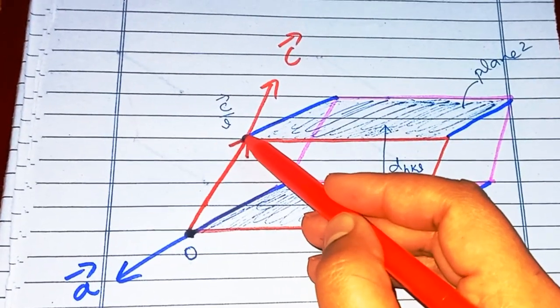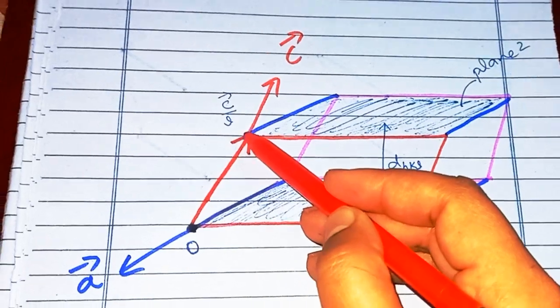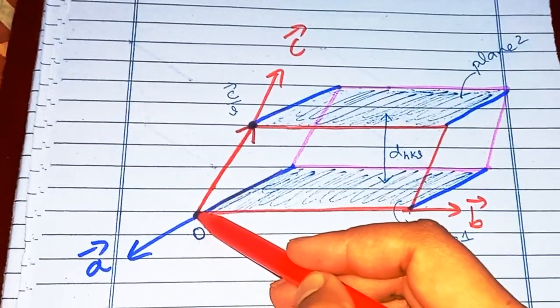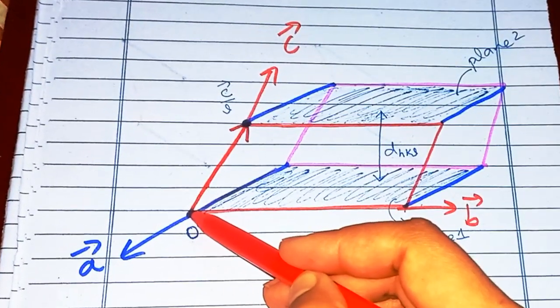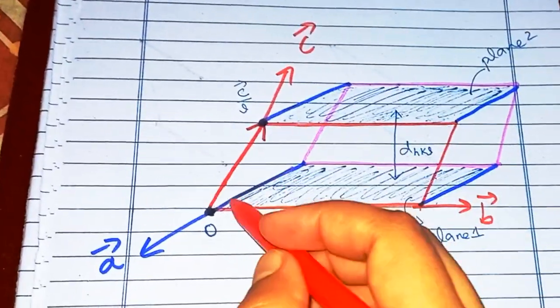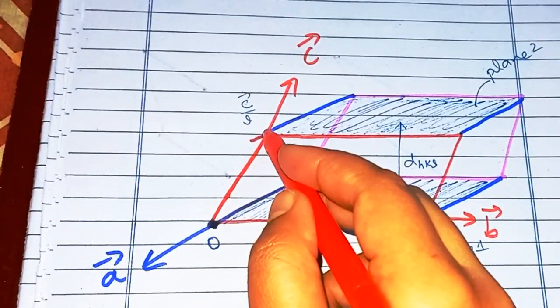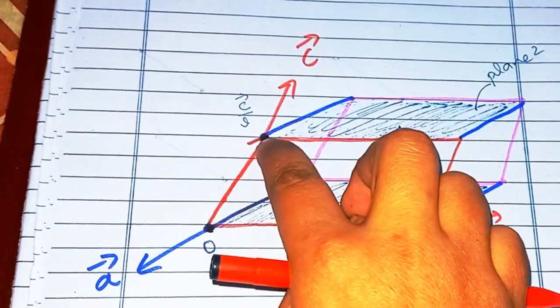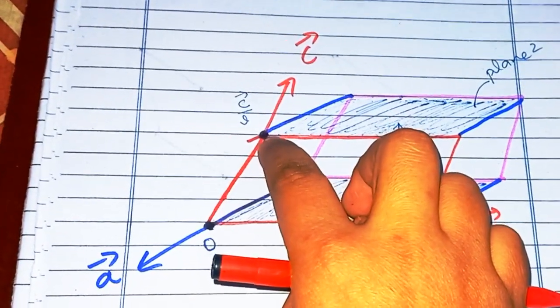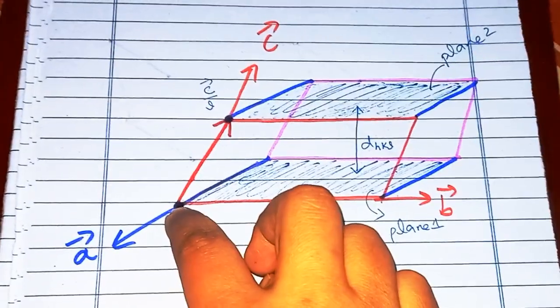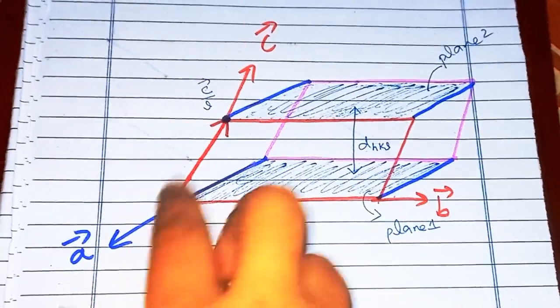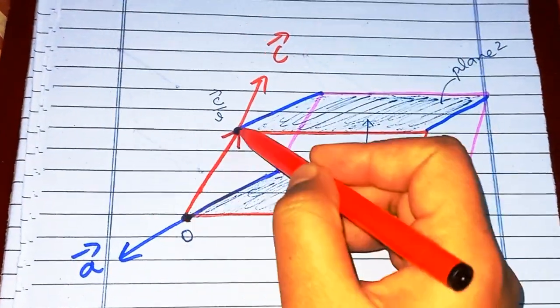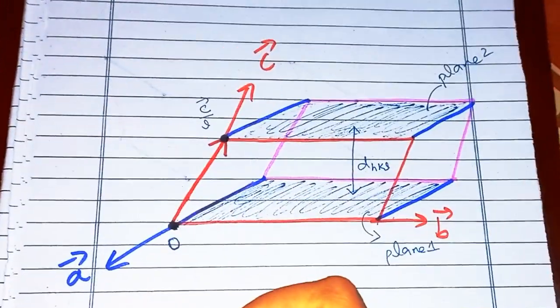The perpendicular distance between this point and a corresponding point on plane 1 would be the interplanar spacing. So we took one reference point, which is the c-intercept of plane 2, the point where it touches the c-axis, and also the point where plane 1 touches the c-axis, which is this point. The perpendicular distance between these 2 points will give us the interplanar spacing.